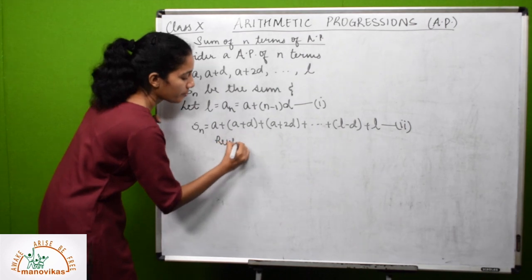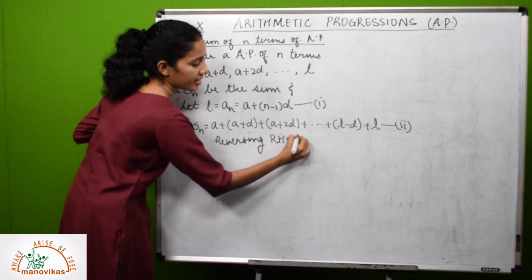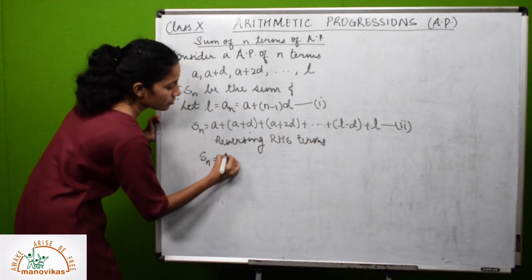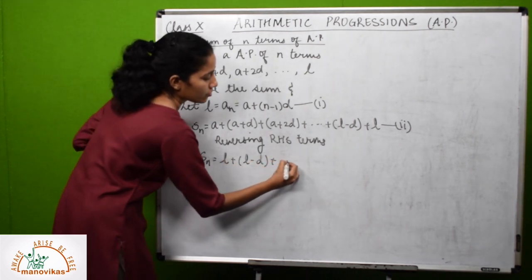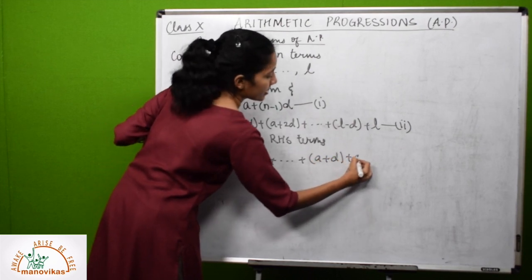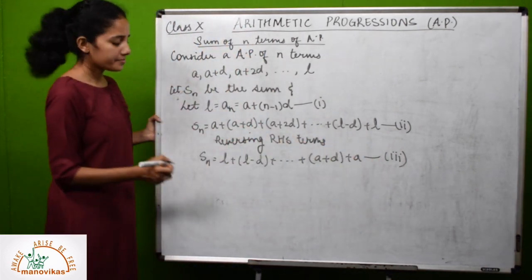So reversing only the RHS, we get Sn is equal to l plus l minus d, and so on till a plus d plus a. Let us consider this to be equation 3.